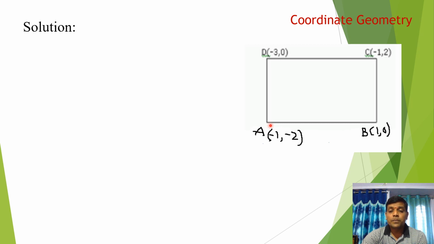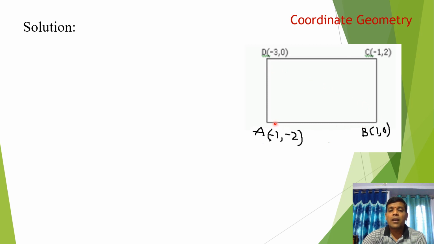Let us assume ABCD is a quadrilateral. A represents (-1, -2), B (1, 0), C (-1, 2) and D (-3, 0). Now I have to find the distances AB, BC, CD and AD, and after that the diagonals AC and BD.